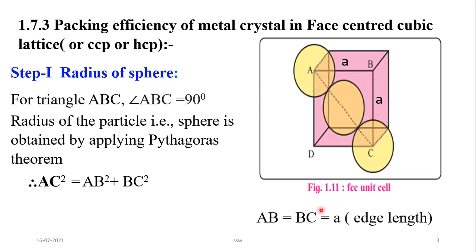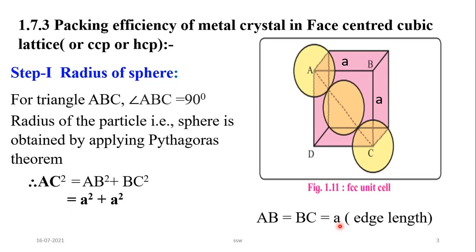But here you know that these are the edge length of the cube, and all edge lengths are the same. AB is equal to BC is equal to DC is equal to AD. So here all the edge lengths are the same, and edge length is denoted by letter a. So AB is equal to BC, and that is equal to a.